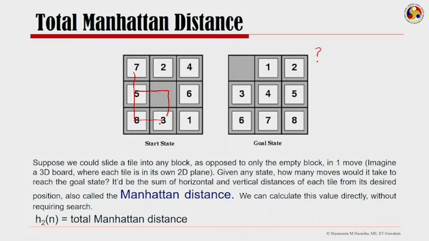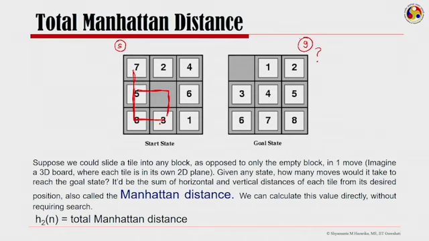Now if you look at it very closely, you could realize that it would be the total of how many steps each of the blocks requires to be moved. Like 7 here requires 1, 2 and 3 moves, 3 requires 1 and 2 moves to reach its position, and so on and so forth. We could calculate the total of these distances. This distance would then give me the total cost required to move from this given start to this given goal state.